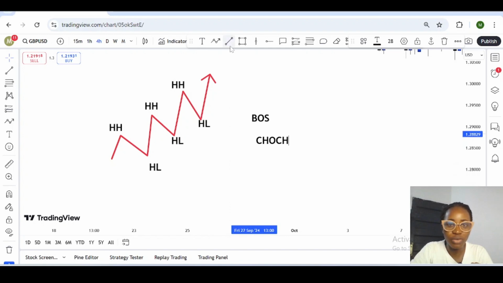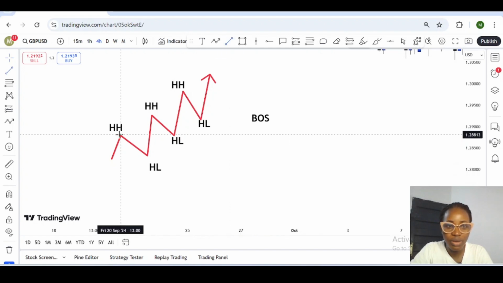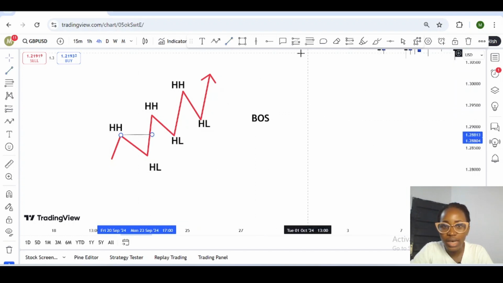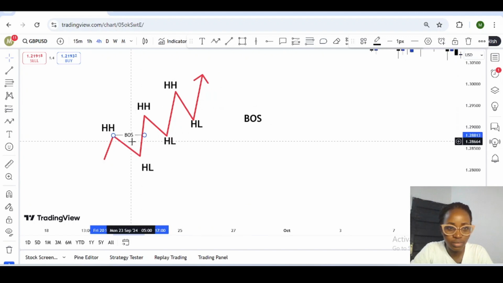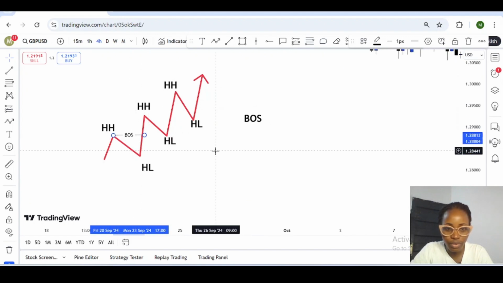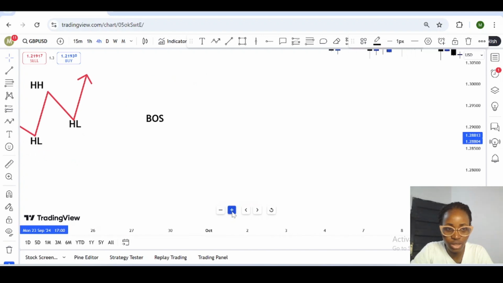Okay, so now I'm going to bring this here. So remember, the rule is each time price breaks a higher high, we have what is called a break of structure. This is a break of structure here, right? So let me zoom in so you can see clearly.